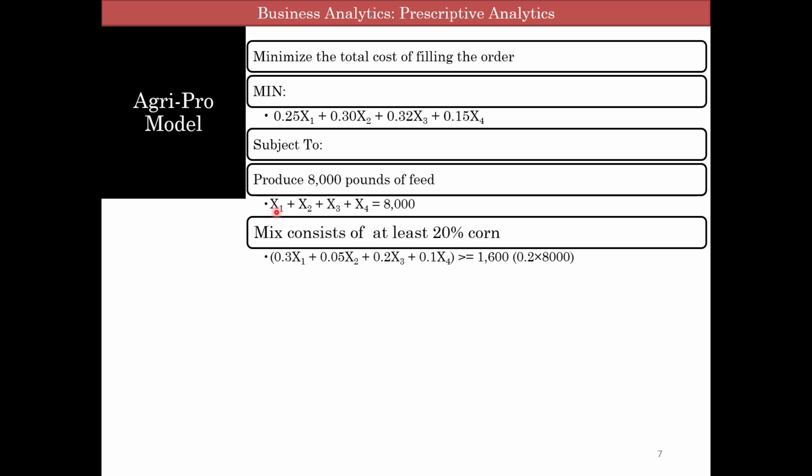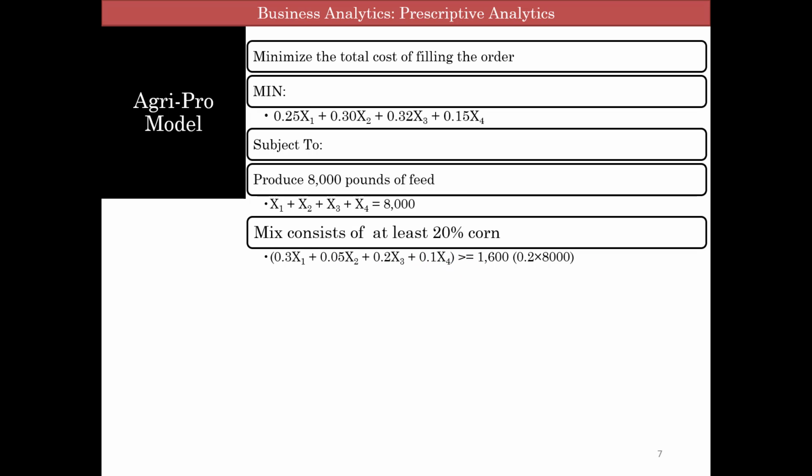So if you take feed 1 and you take 100 pounds, 30% of it is corn, so 30 pounds will be corn. So it's 0.3 multiplied by x1. Similarly, if you take 100 pounds of feed 2, only 5% is corn, so 5 pounds will be corn. So it's 0.05 x2. Similarly, 0.2 x3 and 0.1 x4.